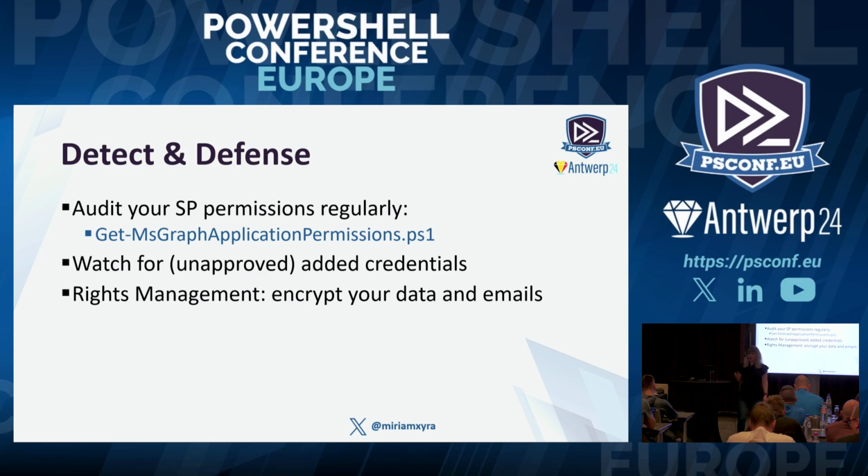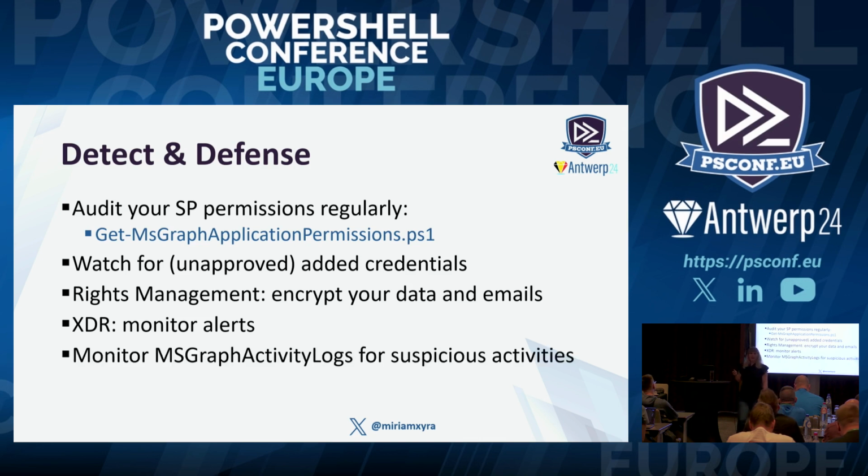So do yourself a favor and work on that in your organization. Also, look out for alerts in your XDR. They are getting better and better, and they are detecting more and more. And also rely on the new MicrosoftGraphActivityLogs table that was just released this year, that you can use to look for Graph-related activities in your environment.